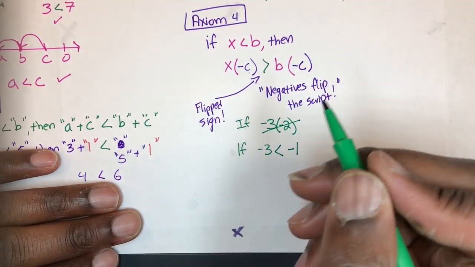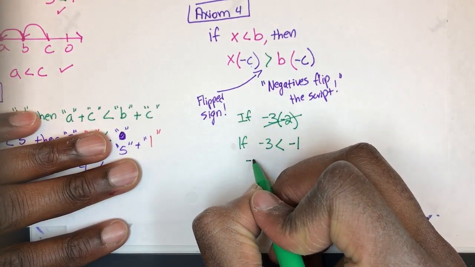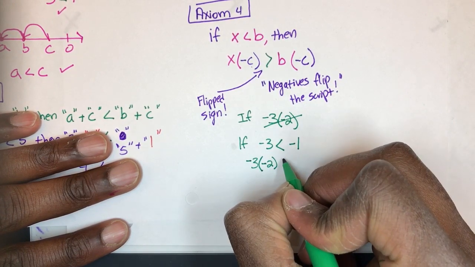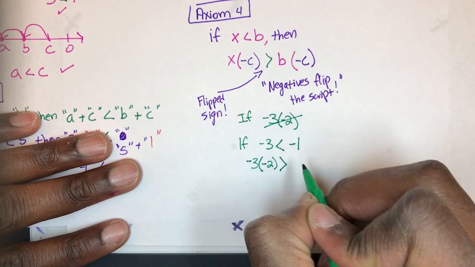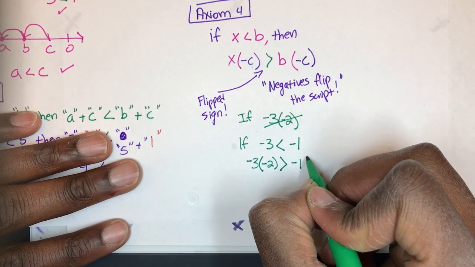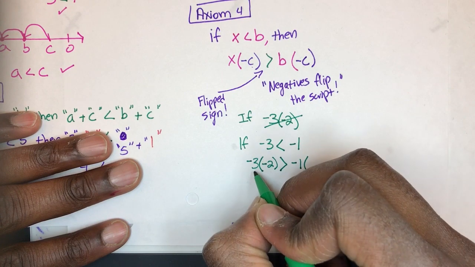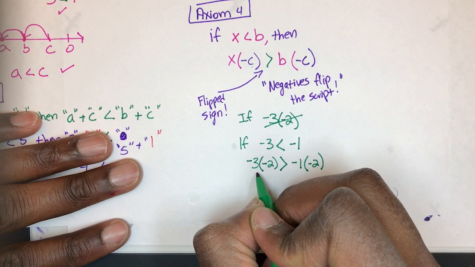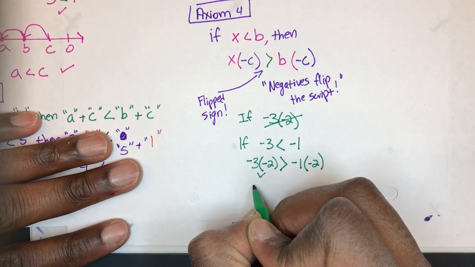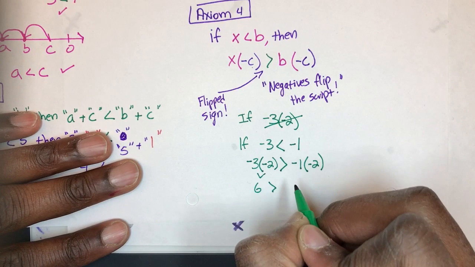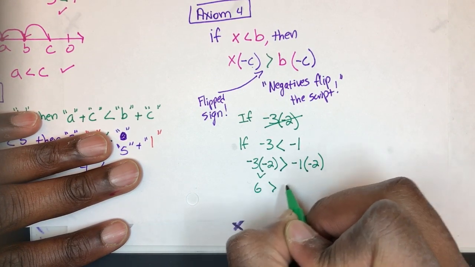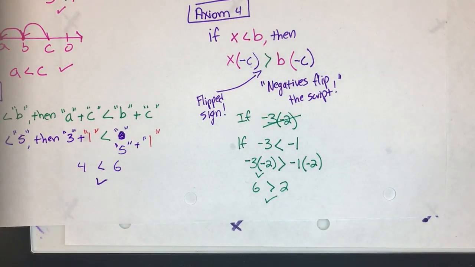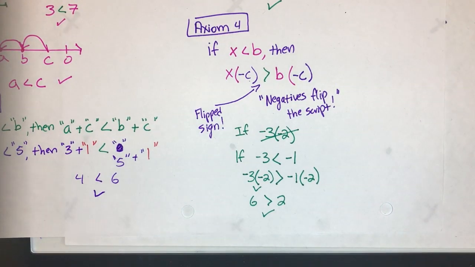Then what this axiom says is that you should be able to multiply that first lower number by a negative number, let's say it's -2, and then it should make it greater than that second number multiplied by the same value. So -3 times -2, a negative times a negative, is +6. 6 is greater than -1 times -2, which is 2. Is that true? Yes, it is, sir and ma'am. 6 is greater than 2.